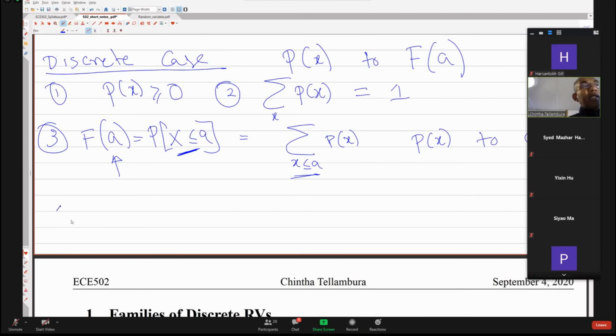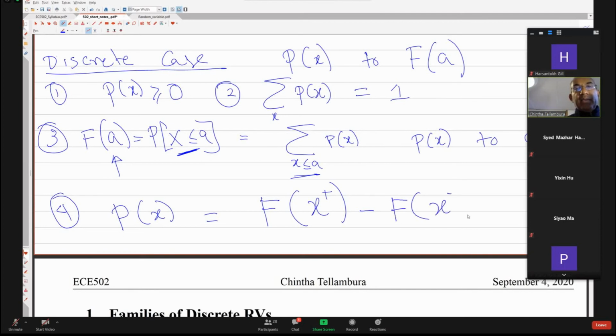Number 4, how do I get the PMF from the CDF? To do that, we have to do the following. Let's say I want to calculate my P(x), the probability mass function at some small x. What you have to do is go to the CDF, look at the upper limit of the CDF at x, and subtract the lower limit, let me call it F(x) minus.